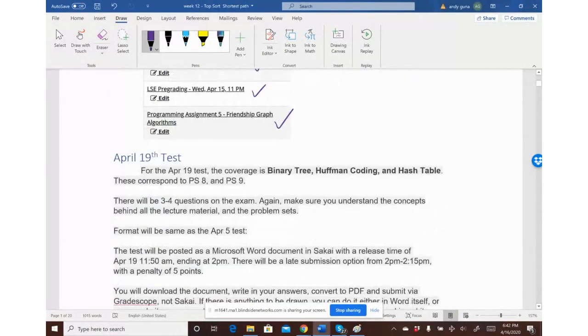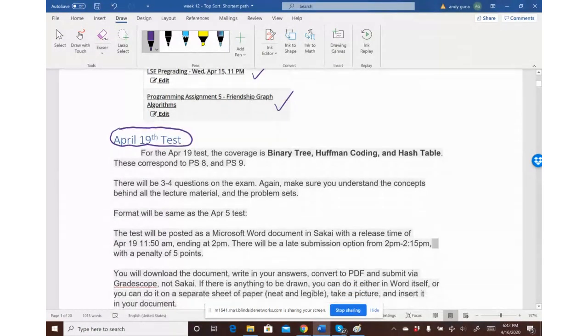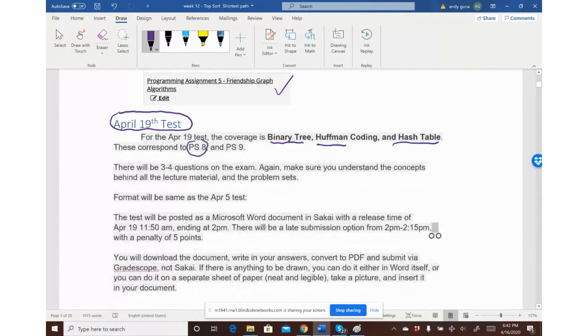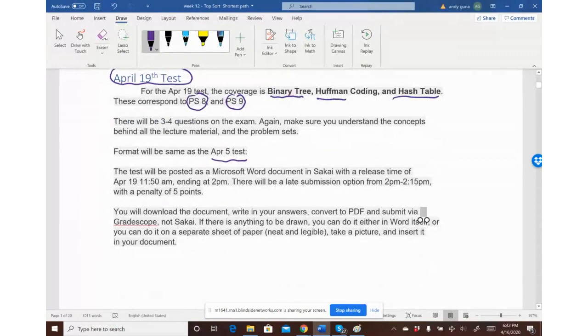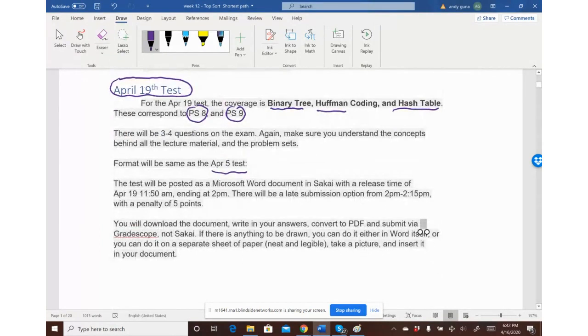As you know, there's a test coming up this Sunday. That will cover binary trees, Huffman coding, and hash tables. The main things are problem set 8 and problem set 9. The format is going to be similar to the April 5th test. Since you have done this before, hopefully this time it'll be okay.